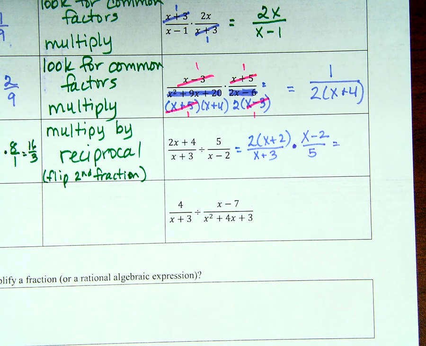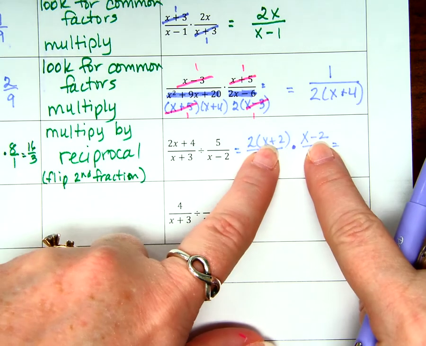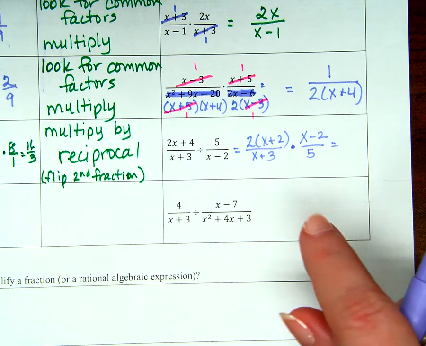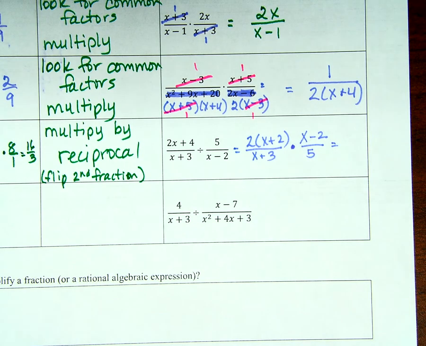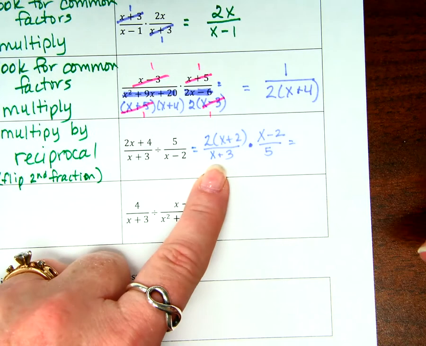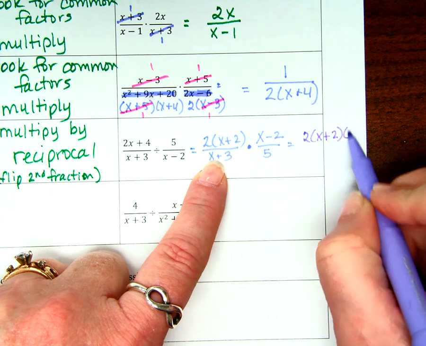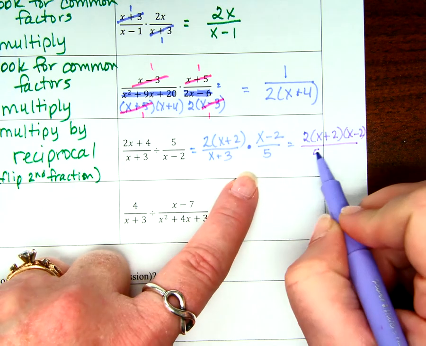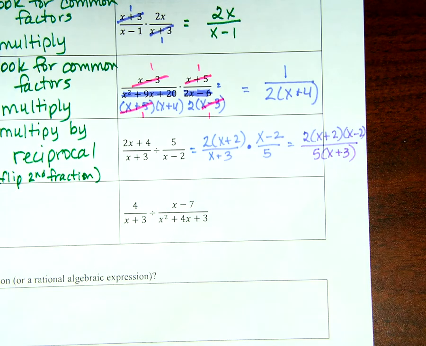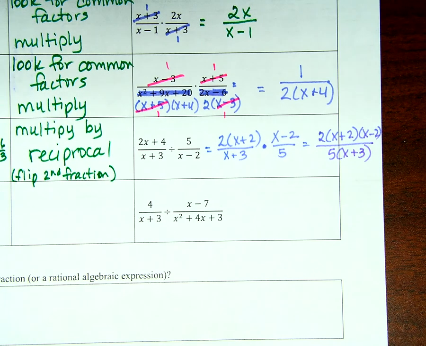What do some people want to try to simplify? The x minus 2 and x plus 2, right? So first of all, they have to be exactly the same to be able to simplify. These couldn't simplify because one's a plus and one's a minus, but you're right, that's what some people try to do. And what's the other reason we can't simplify them? They're both in the numerator. Exactly. So what do I get as my answer for this one? If I can't simplify, I just multiply straight across. 2 times x plus 2 times x minus 2 over 5 times x plus 3. Got it?